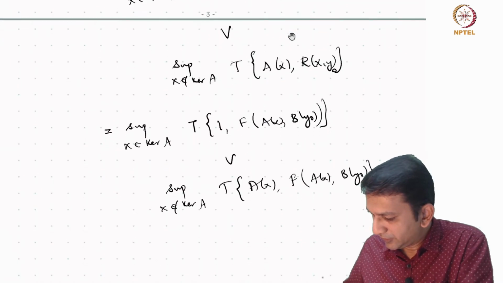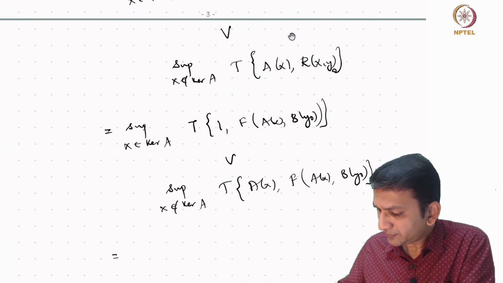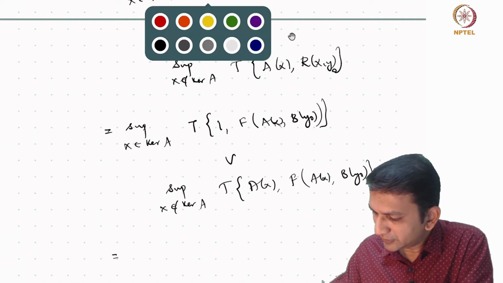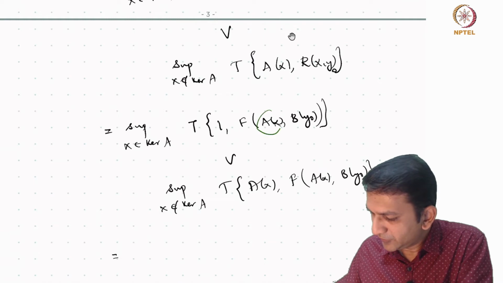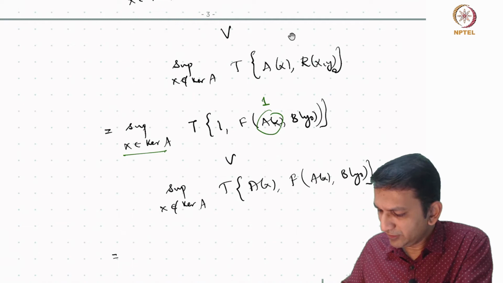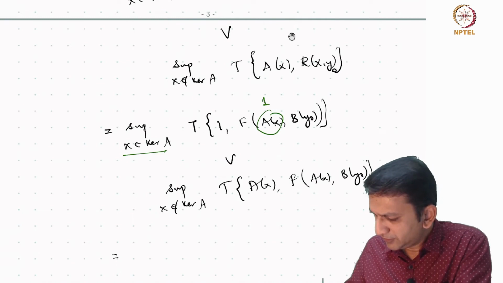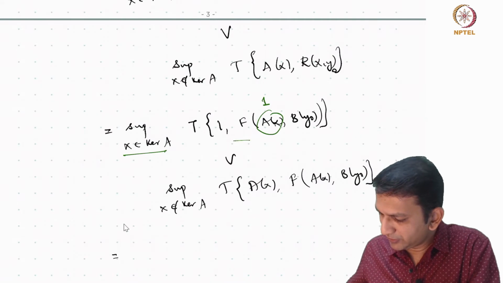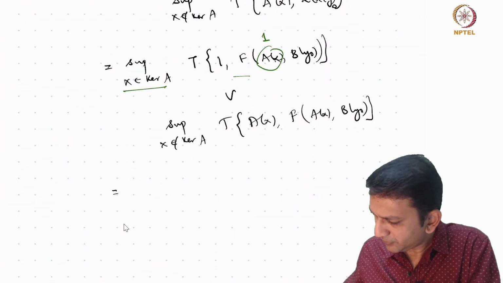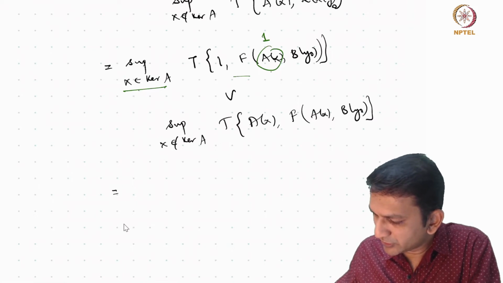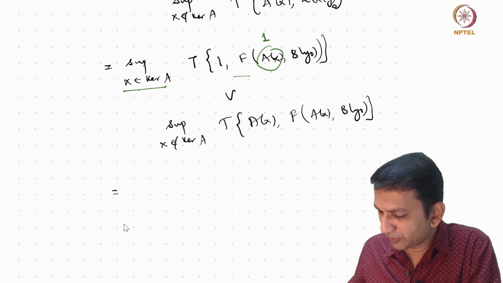Now, let's assume on this point, since we are taking x from the kernel of a, we know that f of a x is 1, which means rewriting this, the first component turns out to be, for every x there, the supremum can be removed now because it does not affect b of y naught.